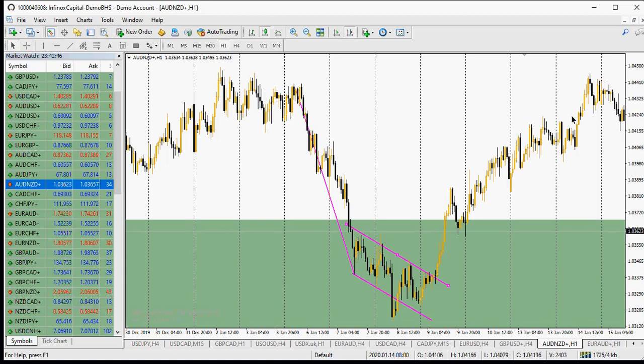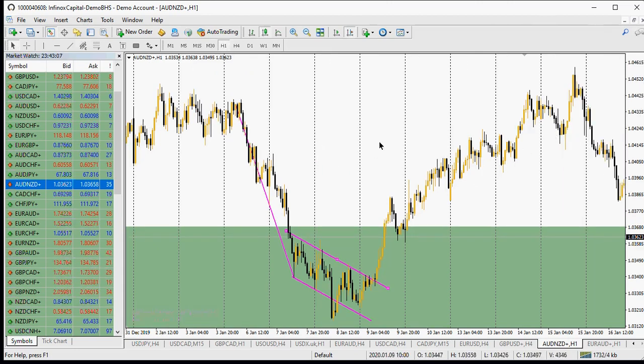You can see that. It's a good sign of reversal, that this market wants to break back to the upside. As you can see, the market broke. Once it broke this channel that you are seeing here, you should know that the market is about to rally, and then you can see how long it went.